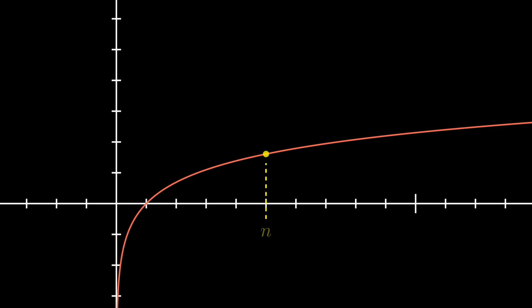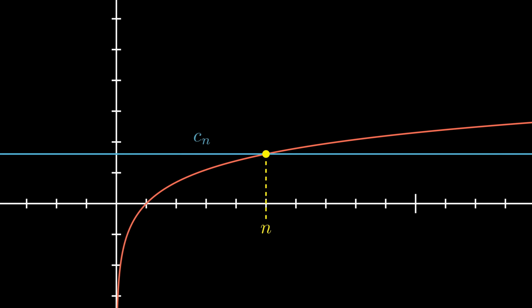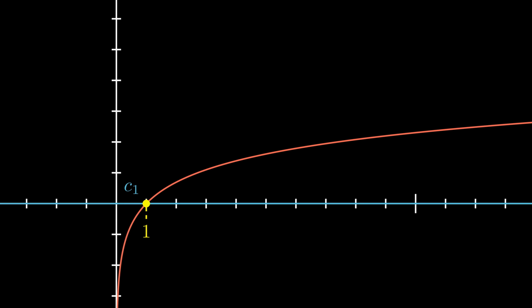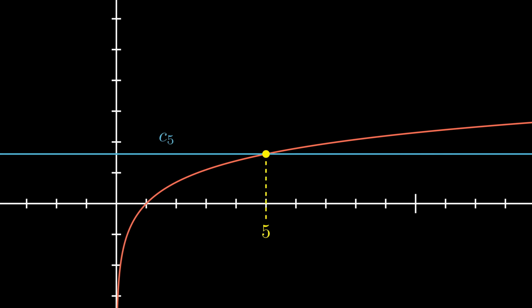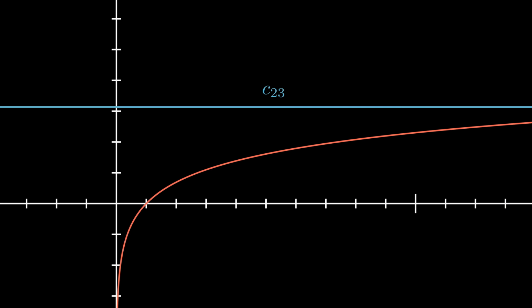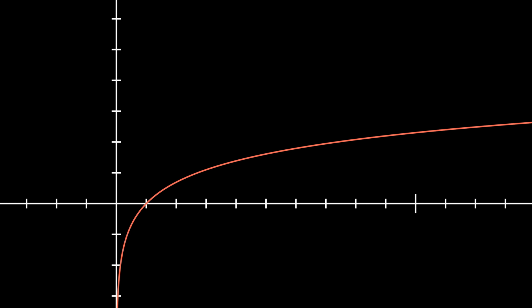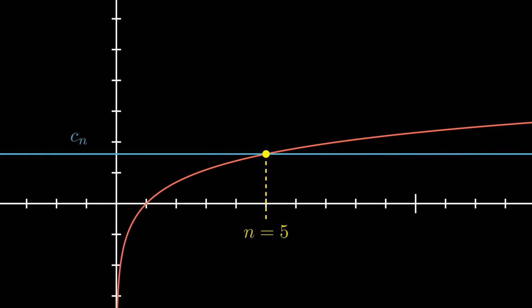For every whole number n, let's find a constant that approximates the function near n, and let's call it c sub n. So we'll have an infinite sequence of constants, c1, c2, c3, and so on. But how can we formalize the condition that the approximations get better as we move to the right? Well, we can look at any point relative to n.